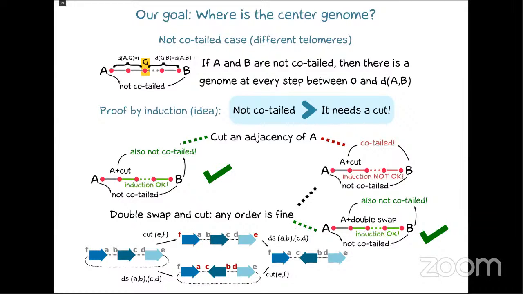Instead of doing cut and swap, you can do swap and cut with the same final result. So then you are back to the case where the first step doesn't lead to a cotailed genome, and you can apply the induction hypothesis as well. And if you have a join, the same reasoning applies. You can swap a double swap with a join.